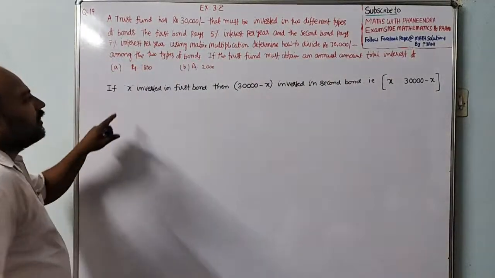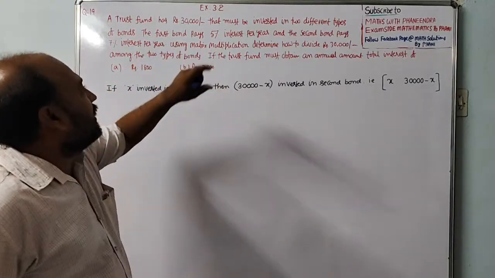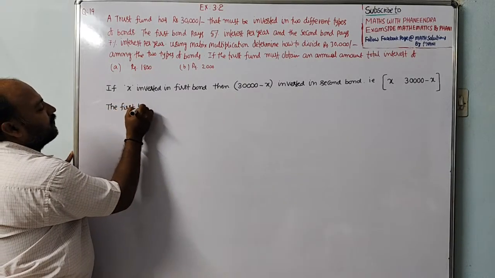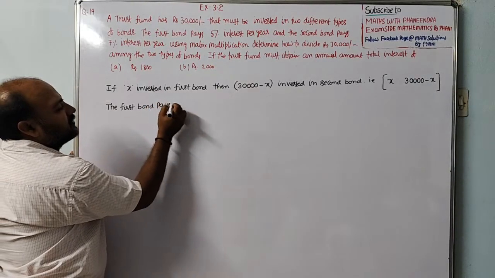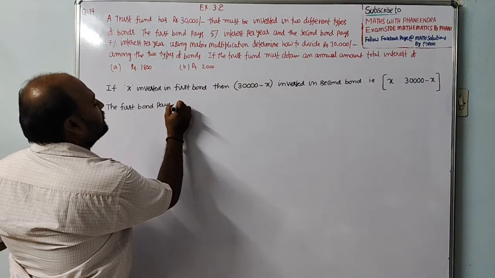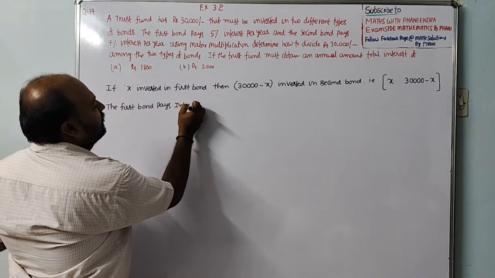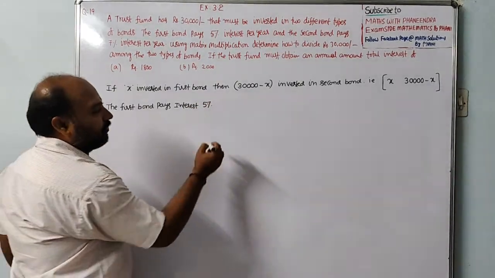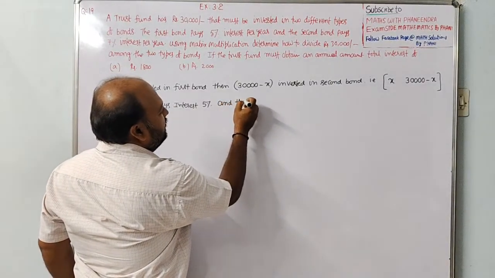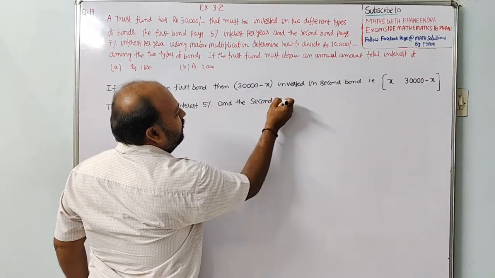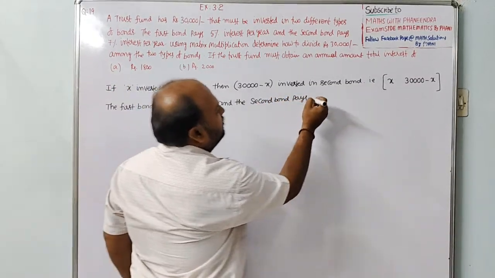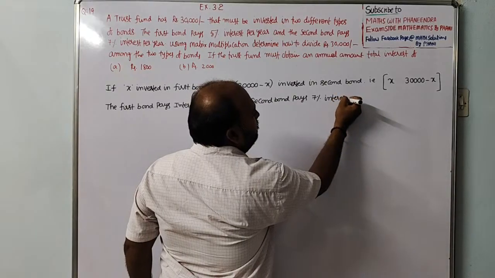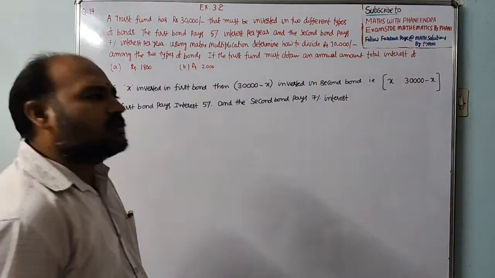Similarly, the first bond pays interest 5% and the second bond pays 7% interest per year.